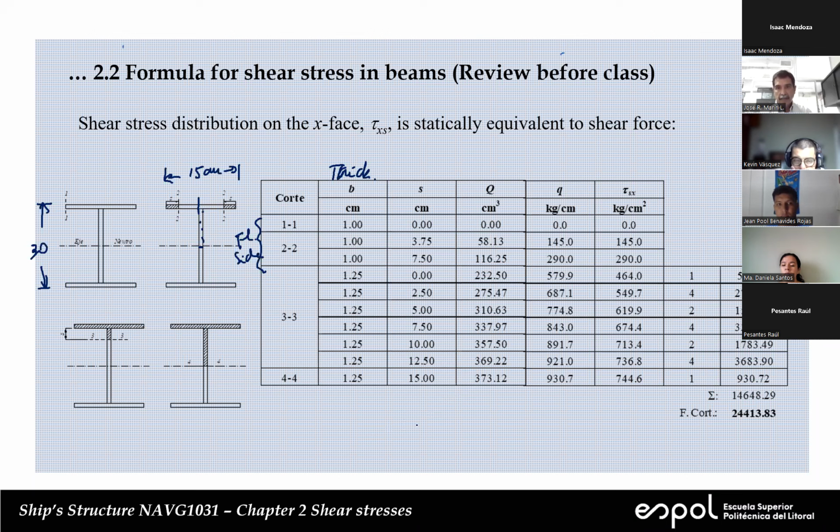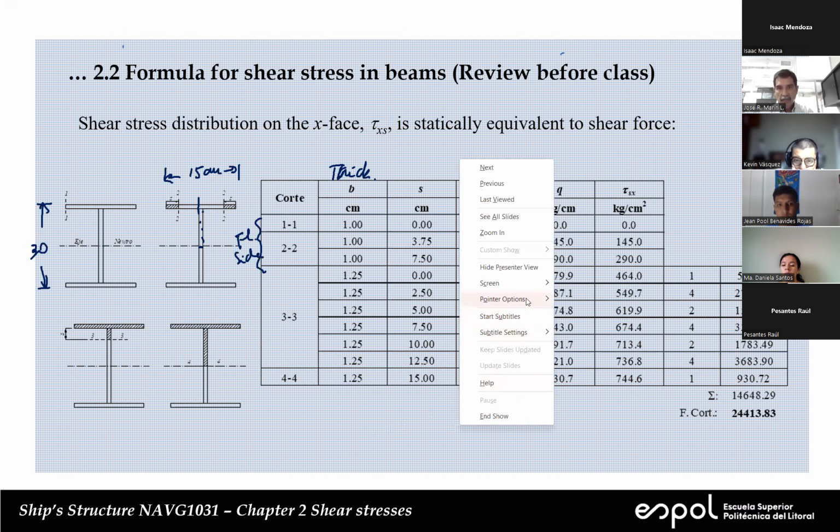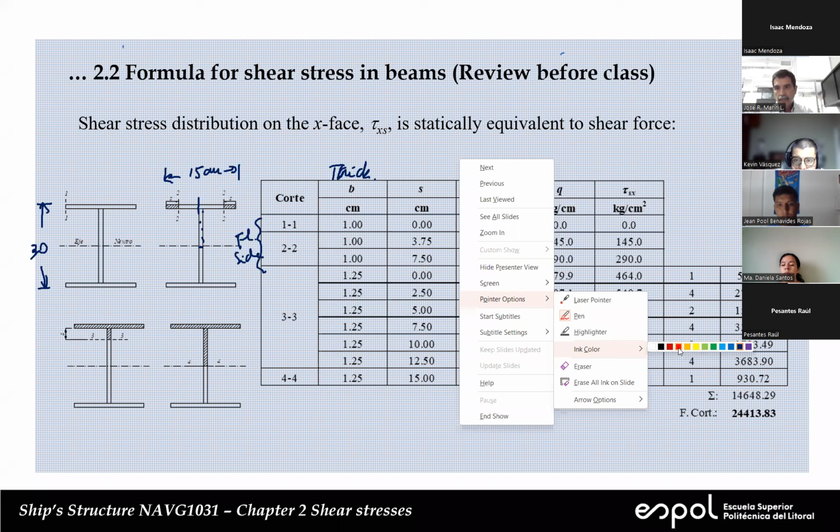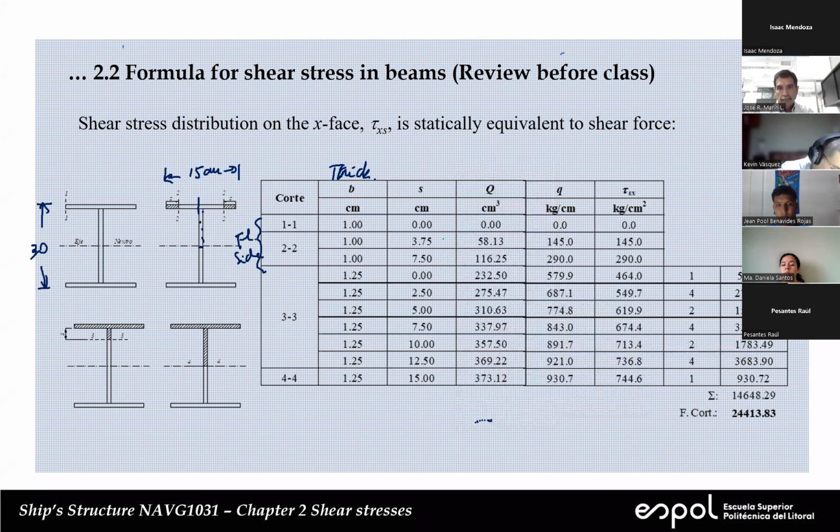Now here, there is a big difference. This value here is equal to B, half of the width, times T and H over 2. That corresponds to half of the flange.